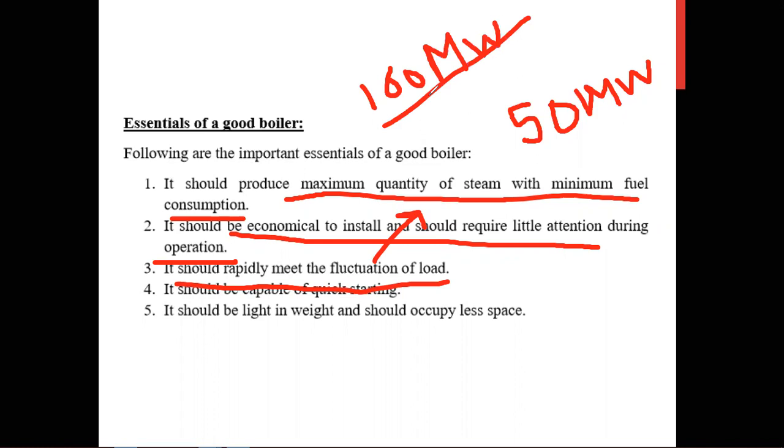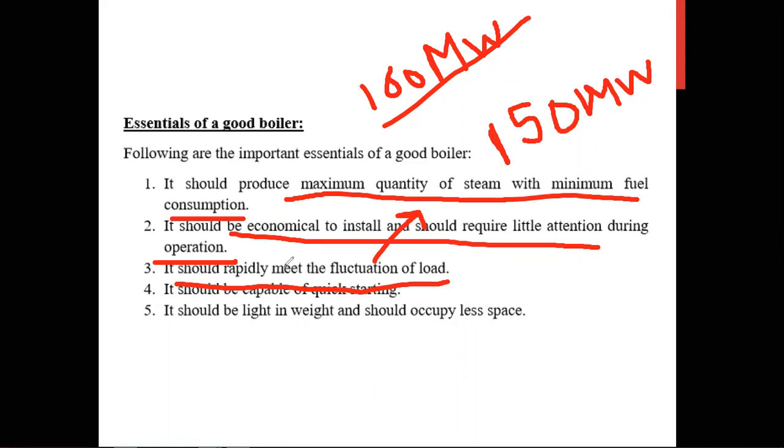We cannot store it. So that's why, my student, at that time we need to make less steam. At that time the boiler should produce less steam. But suppose our demand is 150 megawatt and our power plant is producing 100 megawatt, so we are 50 megawatt short. At that time we need more electricity, so we need more steam in the boiler.